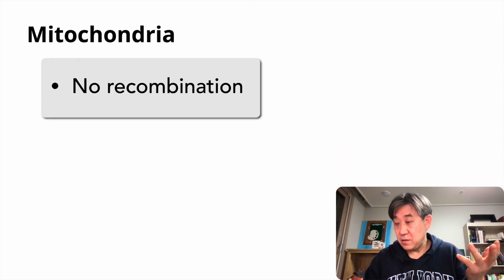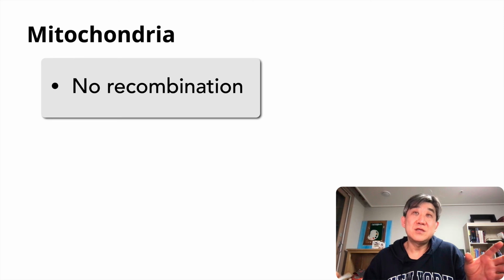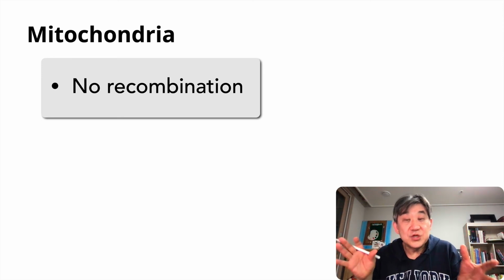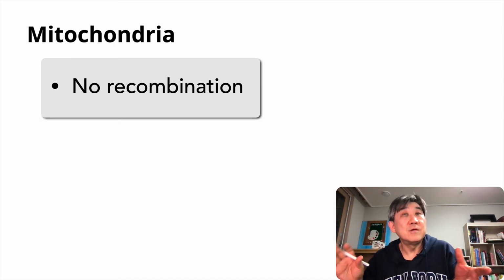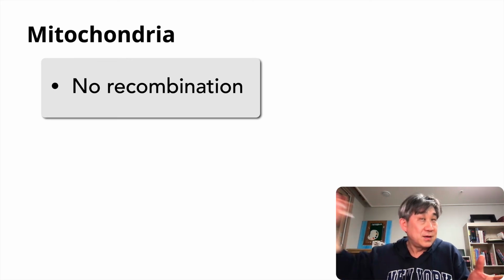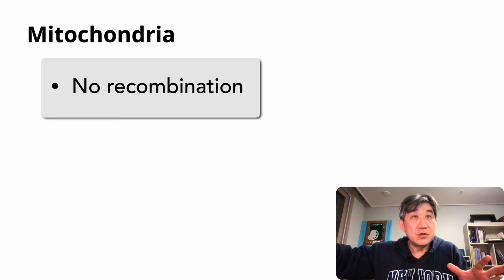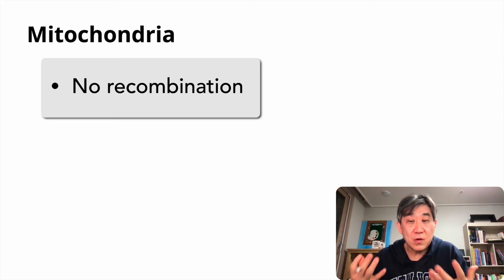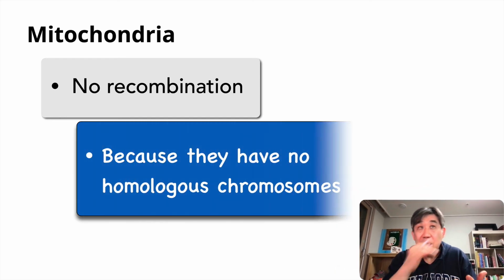But in mitochondria, a good thing is you don't have any recombination, because the mitochondrial genome is not diploid. It is a haploid genome. I will explain why mitochondria is a haploid genome, unlike the nuclear genome. Mitochondrial DNA does not have any homologous chromosome, right?